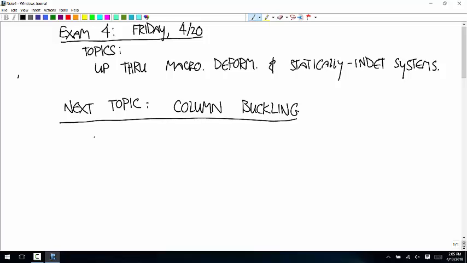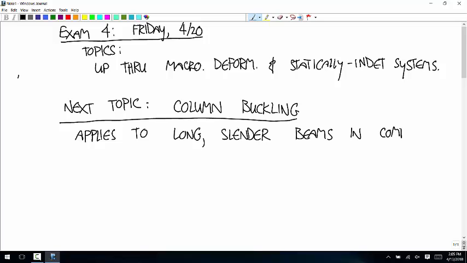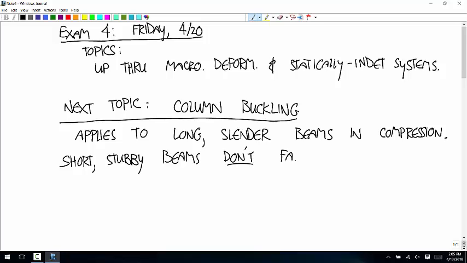This analysis only applies to long, slender beams in compression. So, you know, short, stubby beams don't fail in this way.